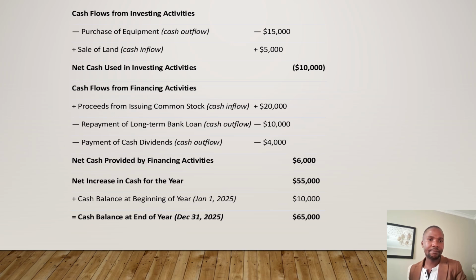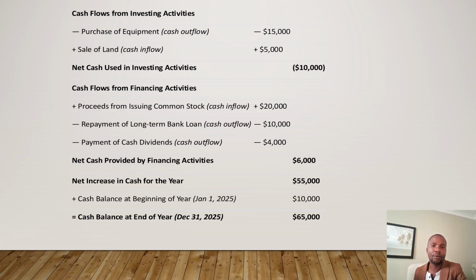And then we also repaid a long-term loan to the bank. So that is a cash outflow of negative 10,000. And then we paid cash dividends to the owners. That is also a cash outflow. Summing up then, we have the net cash provided by our financing activities of 6,000, which is a cash inflow. Okay.